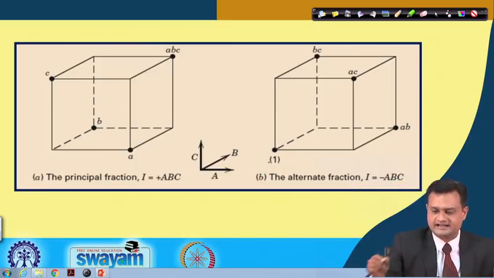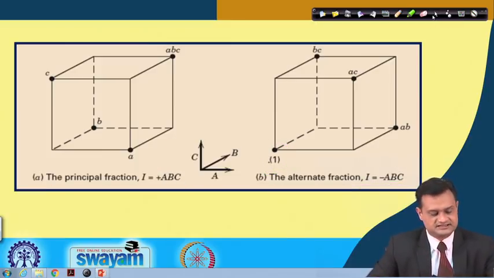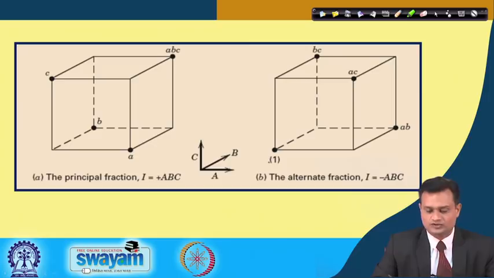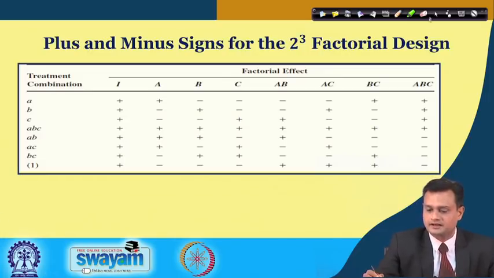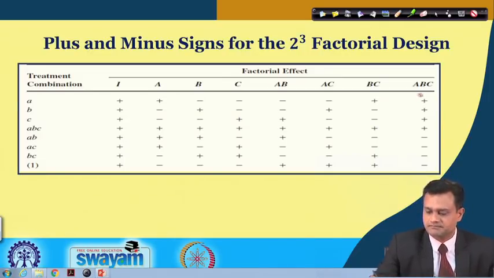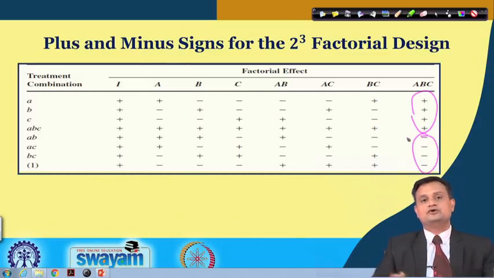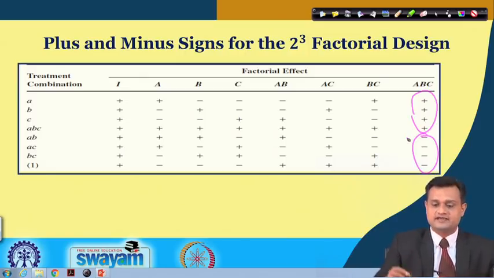So I can go back to help you appreciate this: you just see this, you have plus plus plus, you have minus minus minus. So you have 2 separate fractions to be analyzed.